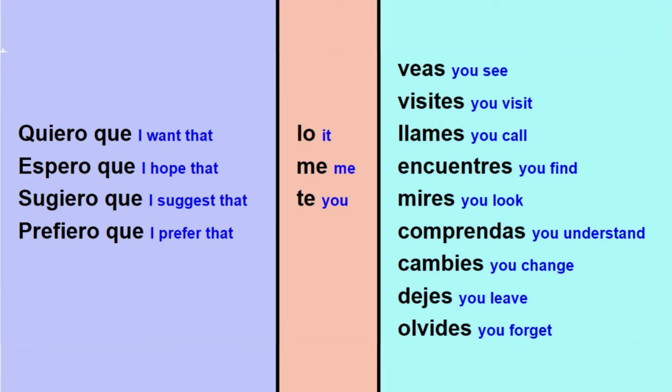I prefer that you look at me. Quiero que me llames. And we could add something from the previous lesson. Quiero que me llames lo antes posible. I want you to call me as soon as possible.